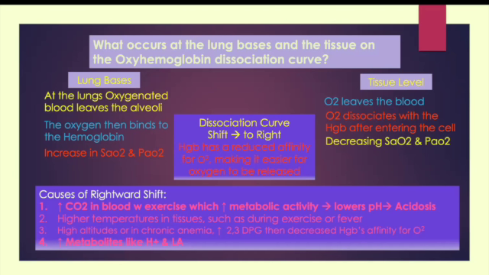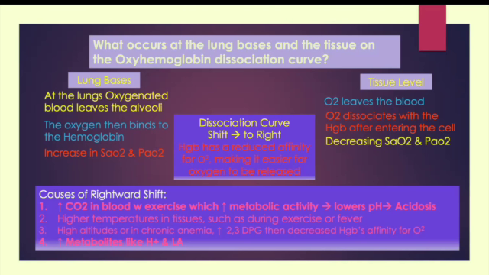And then high altitudes and chronic anemias have an increase in 2,3 DPG, and that decreases the hemoglobin's affinity for O2. So that's another reason. And then increased metabolites like hydrogen or lactic acid also cause this acidity in the body that would cause the rightward shift of the oxyhemoglobin dissociation curve.